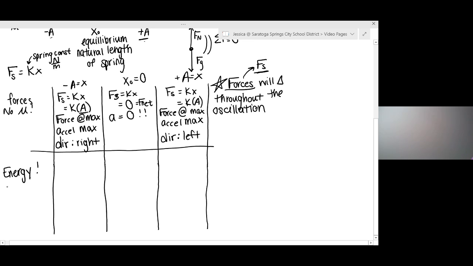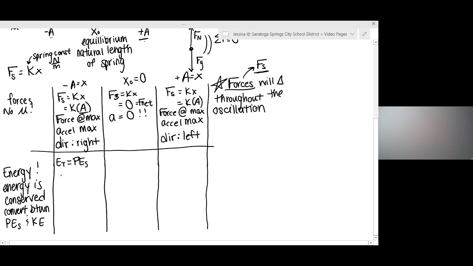Because there's no friction, energy is conserved. In this situation, we're going to convert between spring potential energy and kinetic energy. At the amplitudes, we are going to be all spring potential energy, so I'm going to write E total as that spring potential energy.